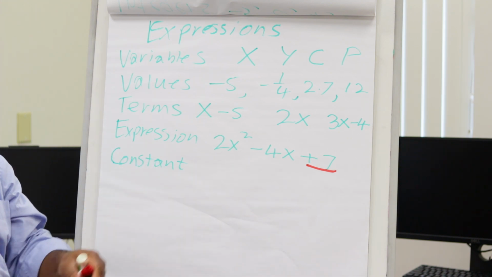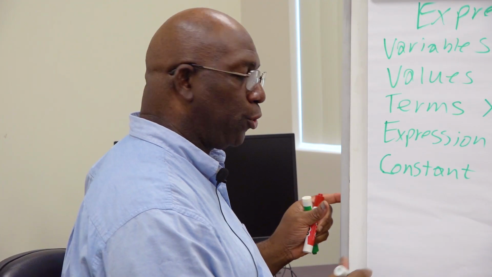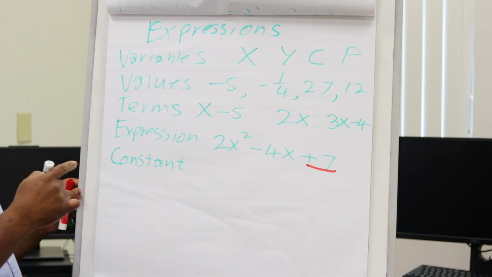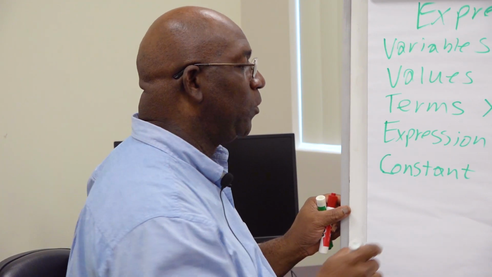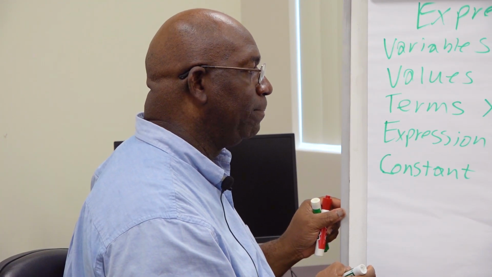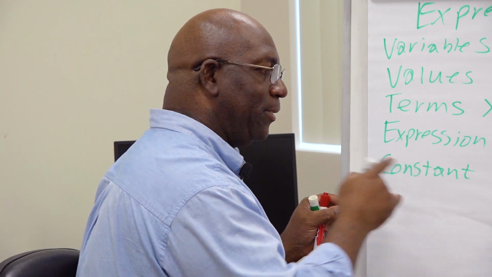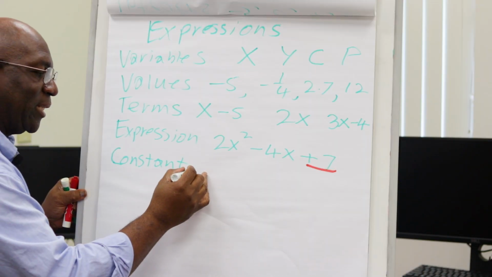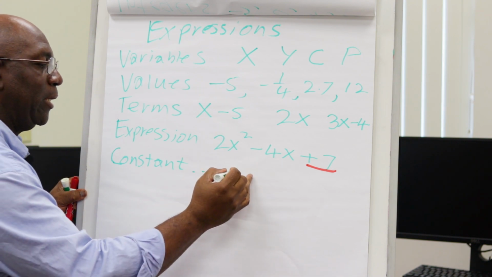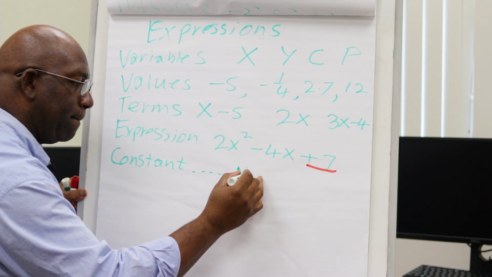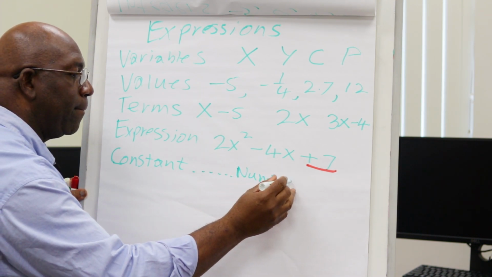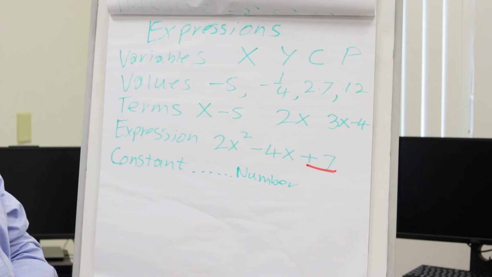So this 7 is its own term. A constant is its own term in an expression, and that constant is always expressed as a number standing by itself.